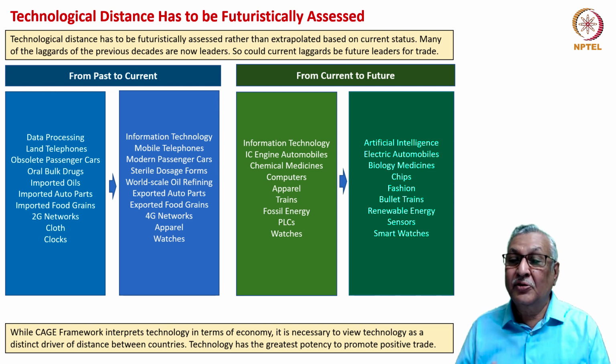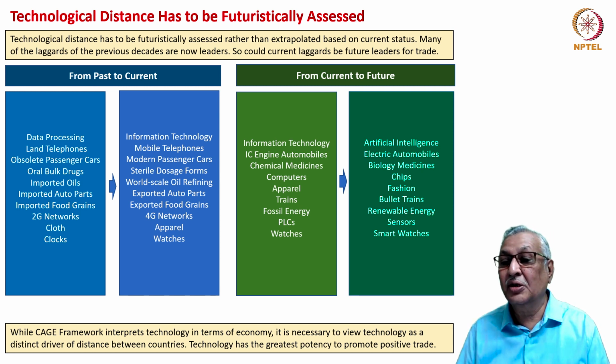When you look at the future state from the current state, we already have information technology, IC engine automobiles, chemical medicines, computers, apparel, trains, fossil energy, PLCs, watches as potential export items which have proved their worth in the global markets.